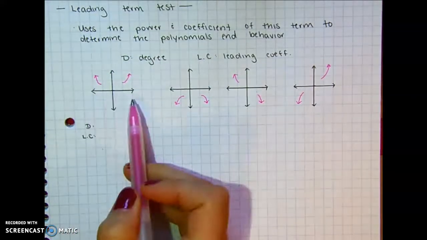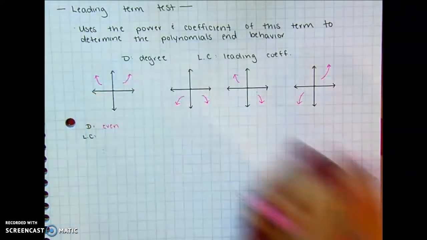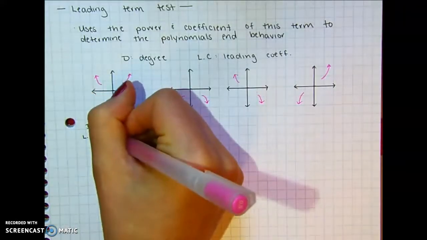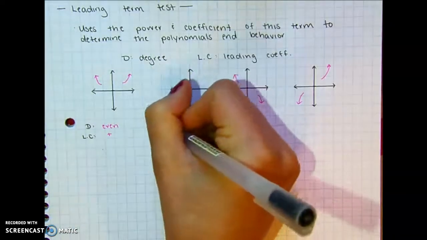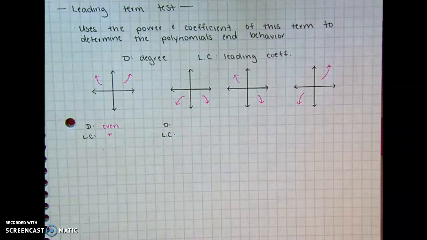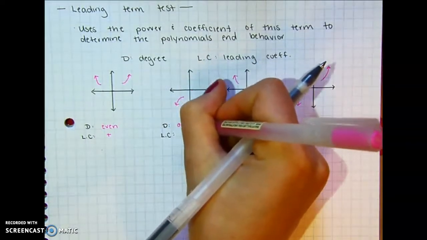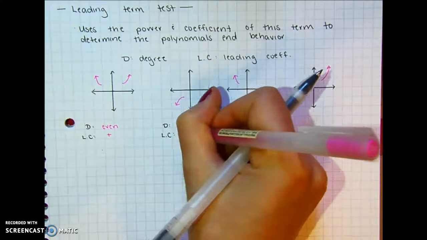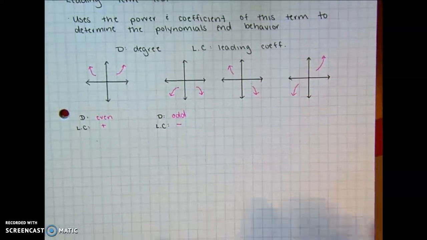So in order for them to both be positive, your degree would be even, and your leading coefficient would be positive. In order for them to both be going down toward negative infinity, your degree would be odd, and your leading coefficient negative, which makes sense because it would be reflected over the x-axis.